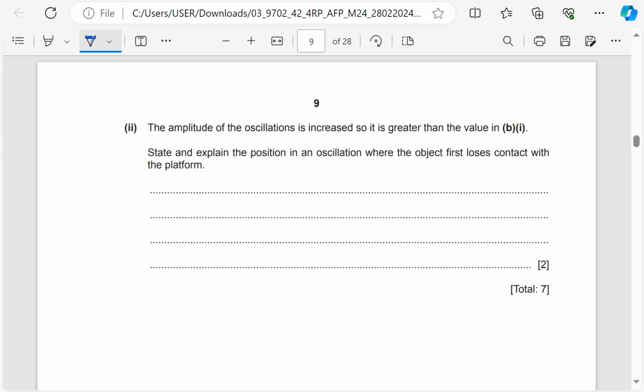The amplitude of the oscillation is increased so it is greater than the value in B. Okay. State and explain the position in an oscillation where the object first loses contact.